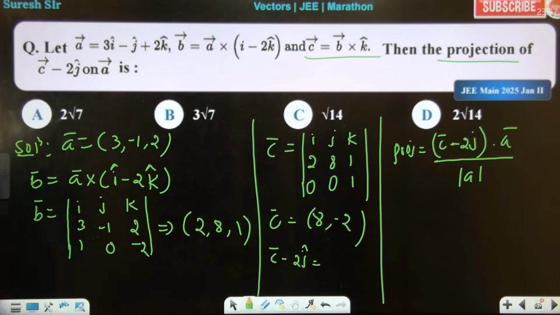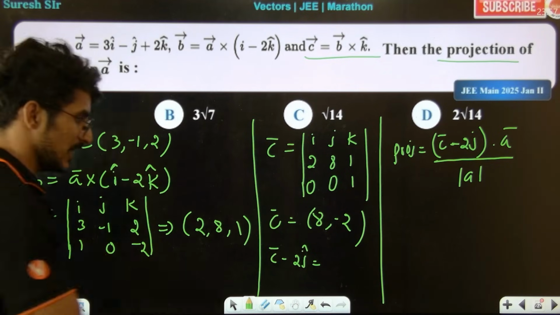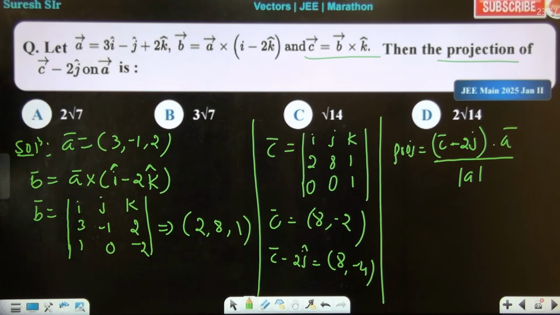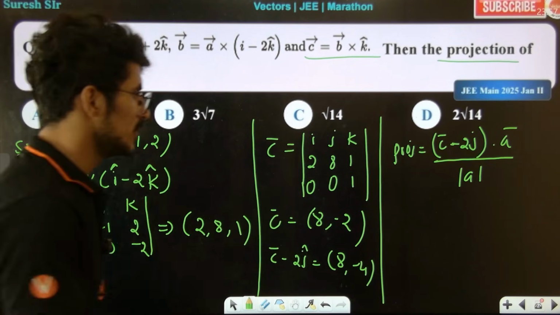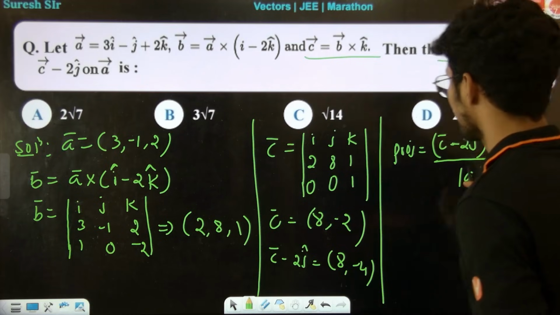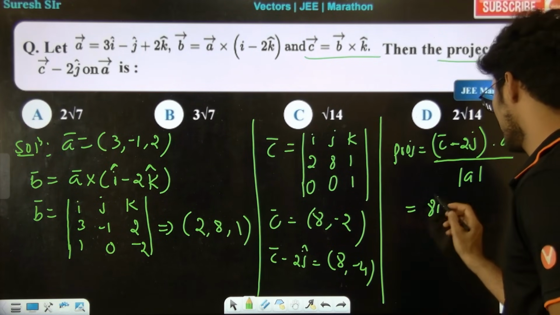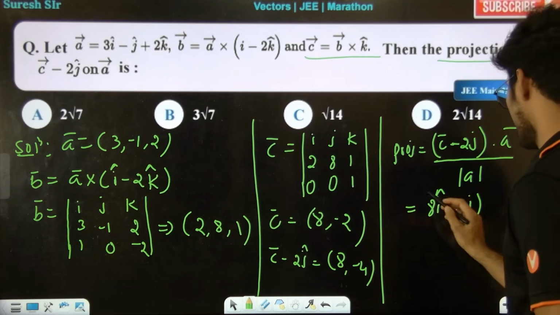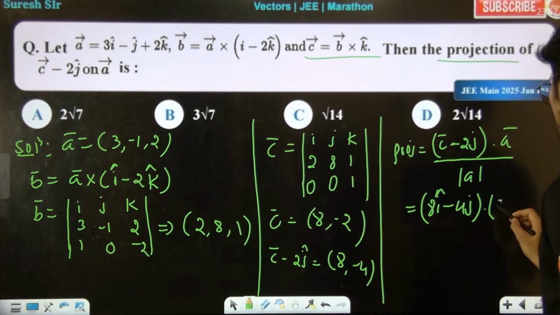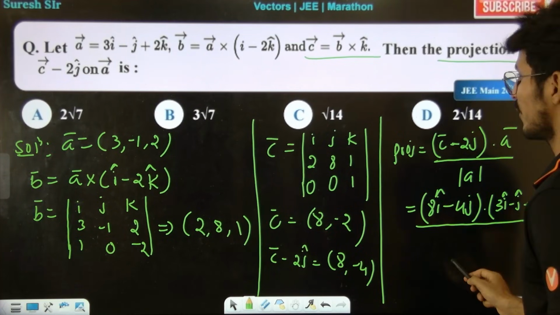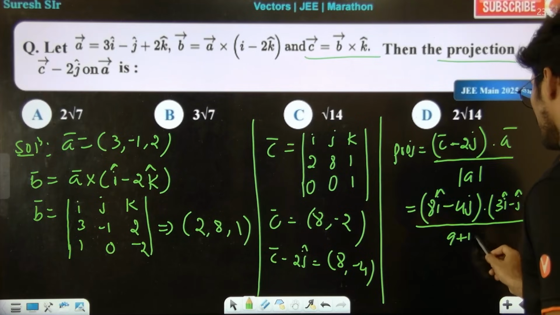So 8 minus 4, see, is a j component only. So 8 I cap minus 4j cap dot A, where A is 3 I cap minus j cap plus 2k cap, divided by magnitude of A, which is the square root of 9 plus 1 plus 4.